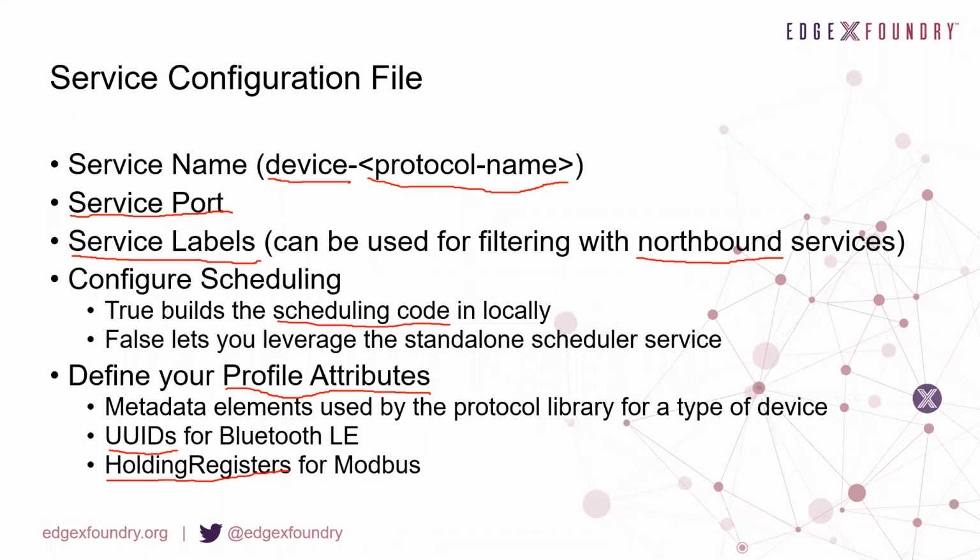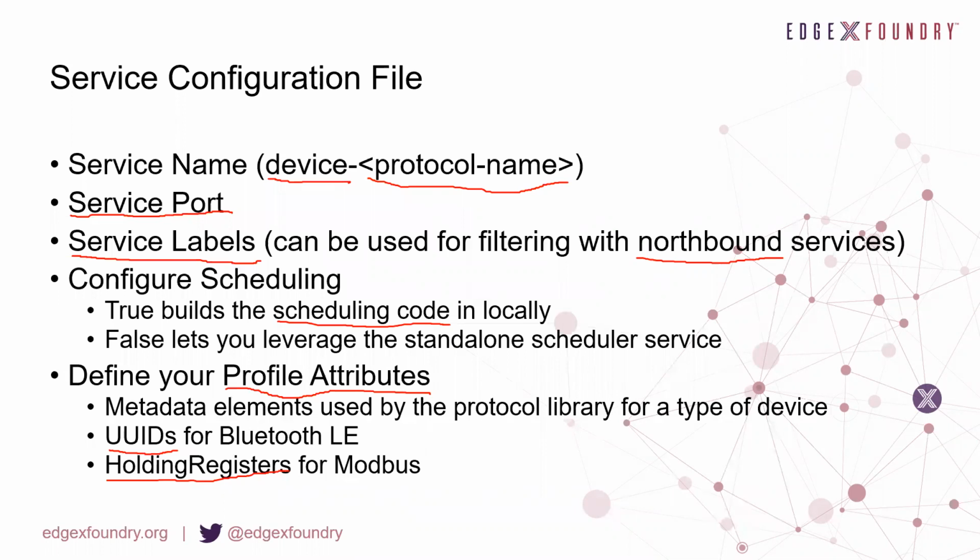And what this really is for a particular type of device. So let's say I have a particular model of a temperature sensor. I need to know how to actually get to that information on the device. And so this is going to be whatever the address information is within the device that your protocol library is going to be using to access it.